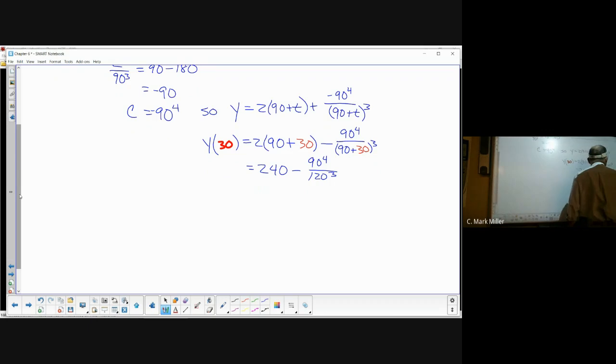This is going to equal 240 minus, 90 to the 4th is 3 to the 4th times 30 to the 4th. 120 cubed is 4 cubed times 30 cubed.